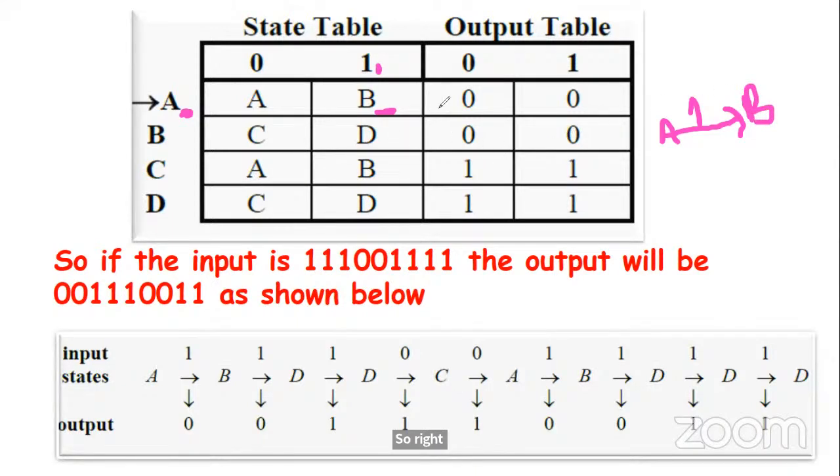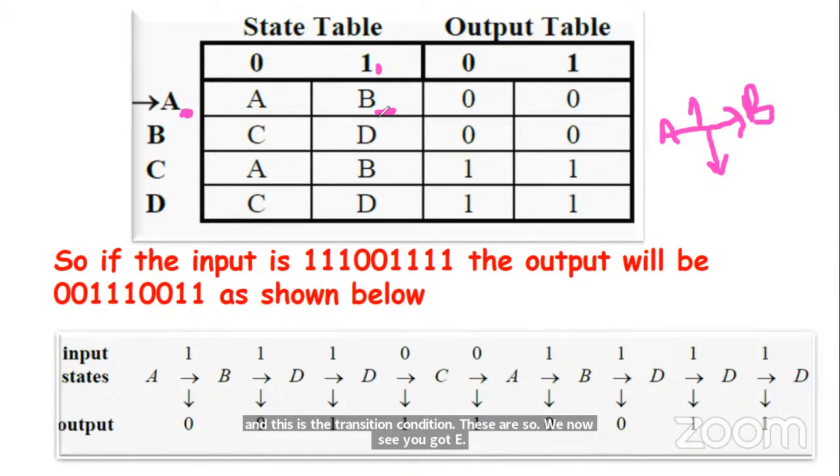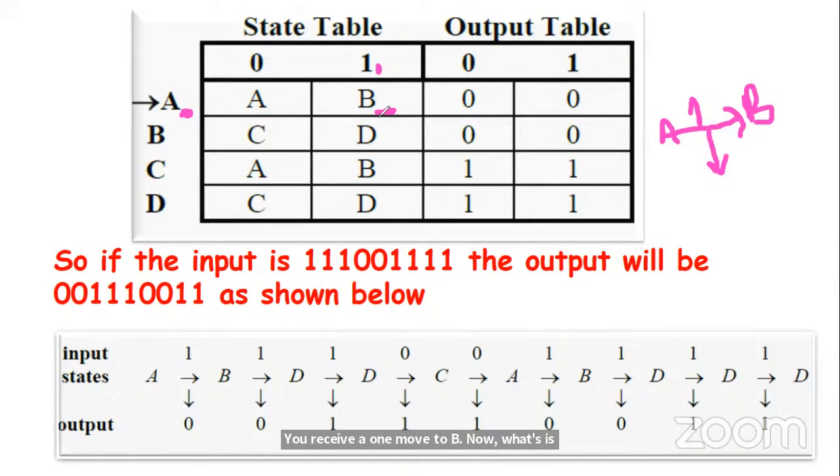Now, our definition of a Mealy machine is that the output is given out based on the transition function. And this is the transition function, this arrow. So we now say, okay, you're at A, you receive a 1, you move to B. Now, what is the output of 1 here?